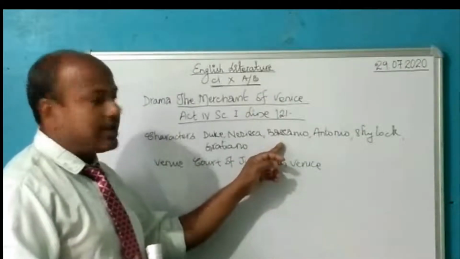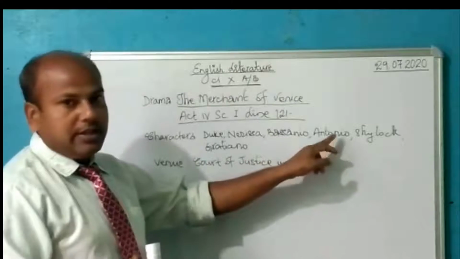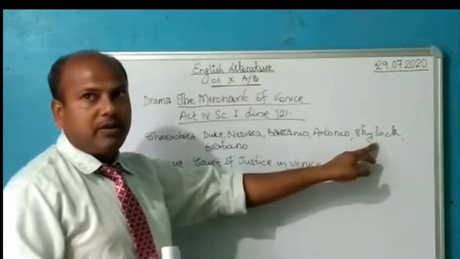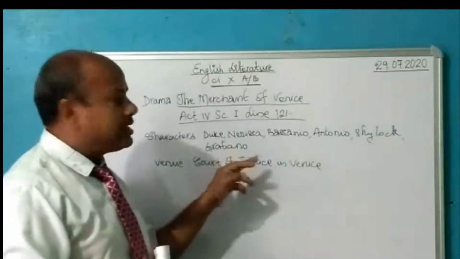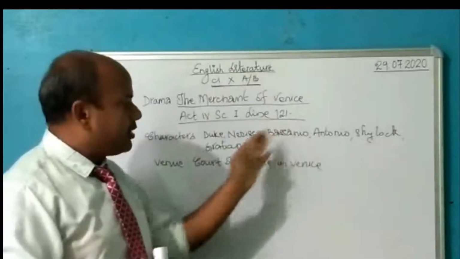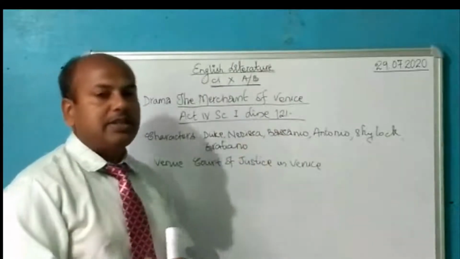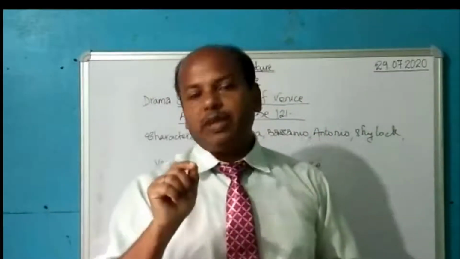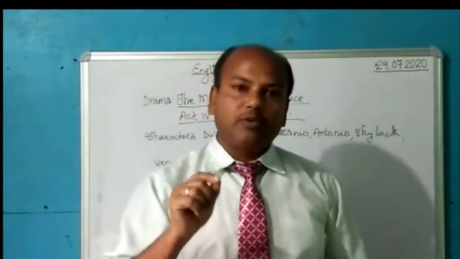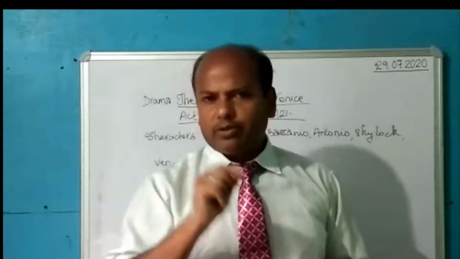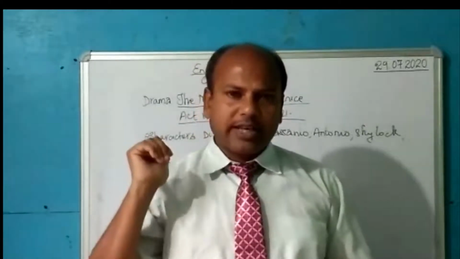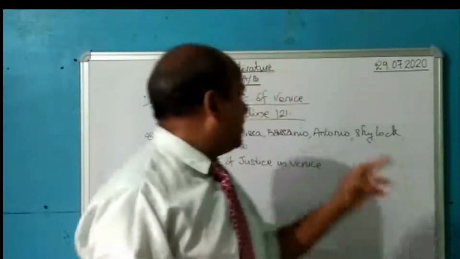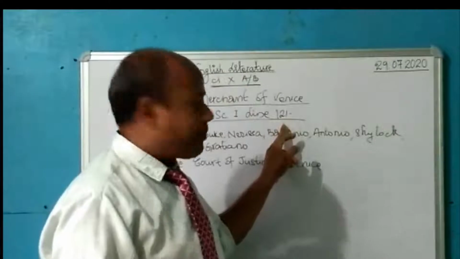Bassanio has come to save the life of his dearest friend Antonio. He is the accused. Shylock is the person who is demanding the pound of flesh, and Graziano is a friend of Antonio and Bassanio. So these characters are all present with a common intention, and the intention is to save the life of their best friend, the dearest friend, and the noblest man called Antonio. So these are the characters present and the venue, and we shall begin with line number 121.